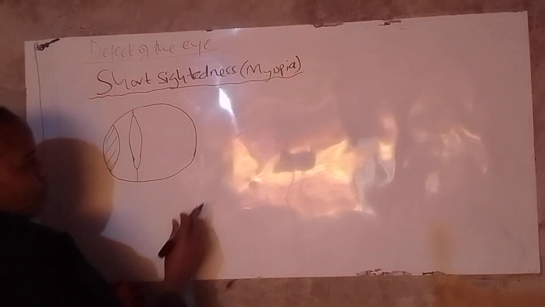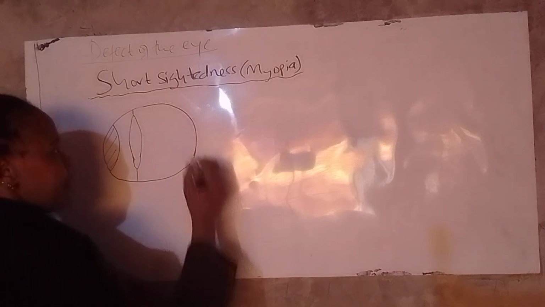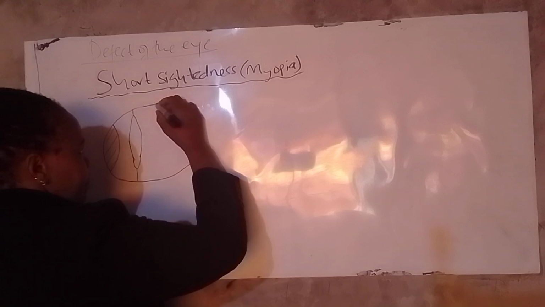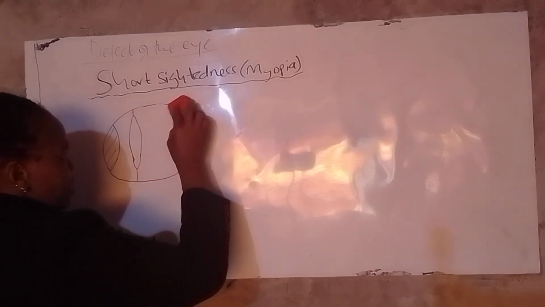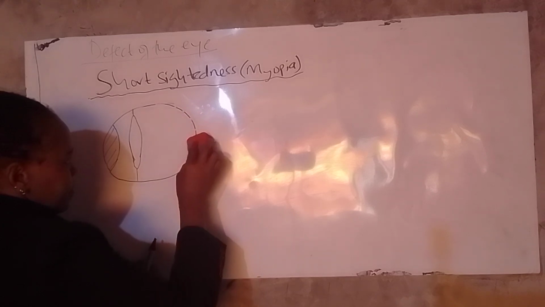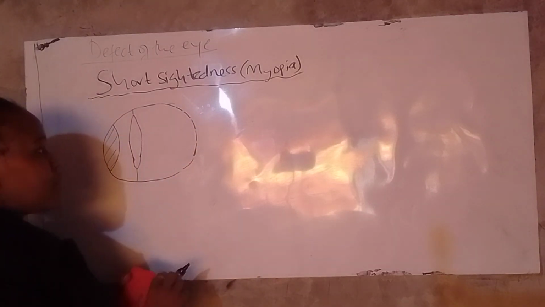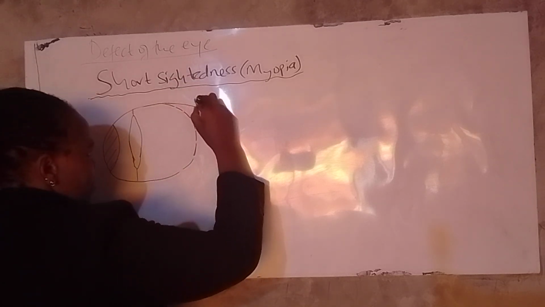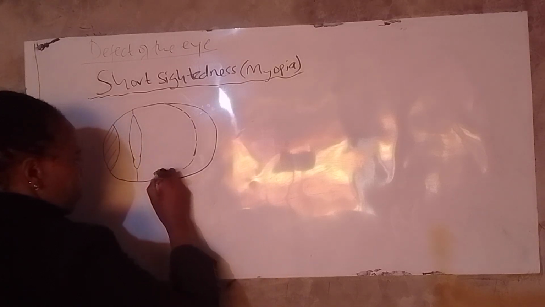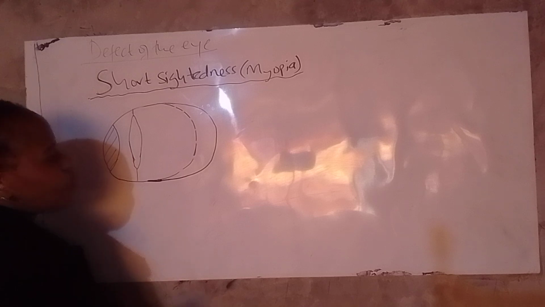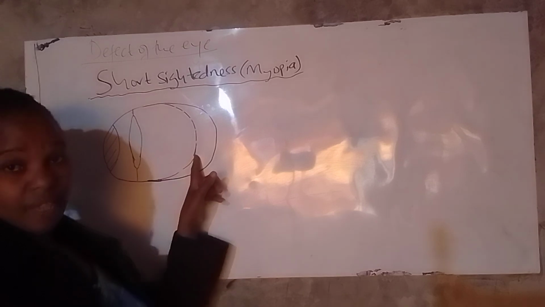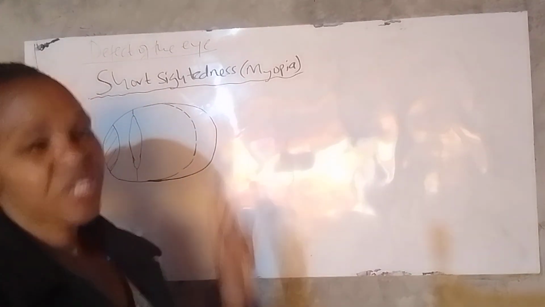Now, the eye of a person who is short-sighted, this eyeball is a bit longer. So I'm going to dot this region. That should be the correct position of the retina for an eye with no defect.